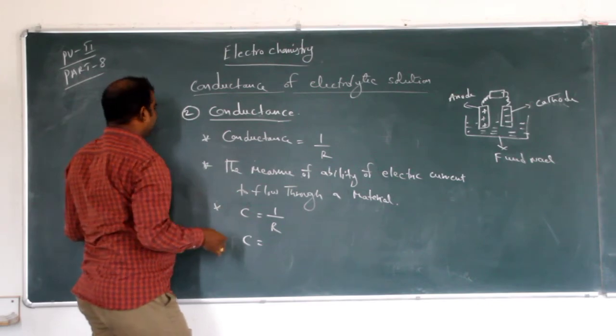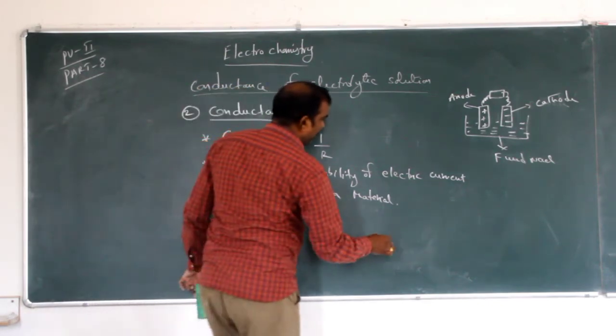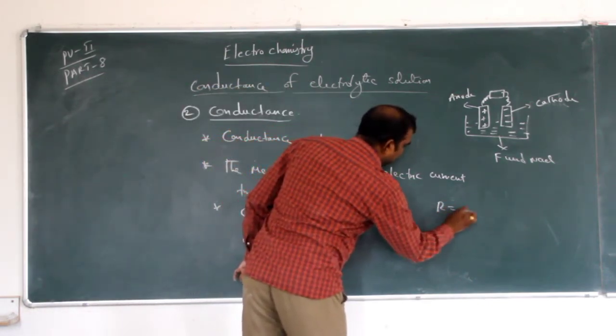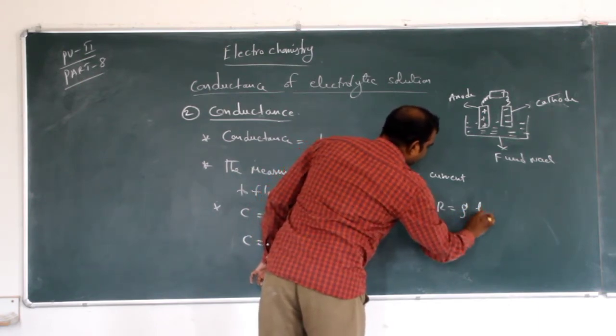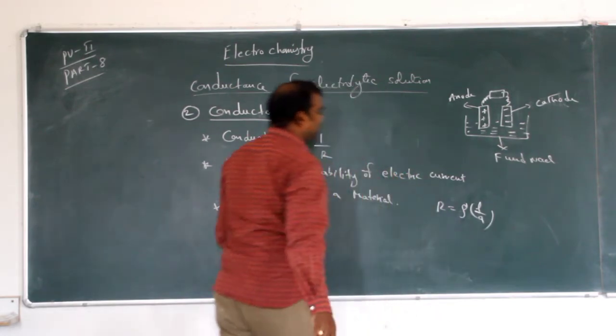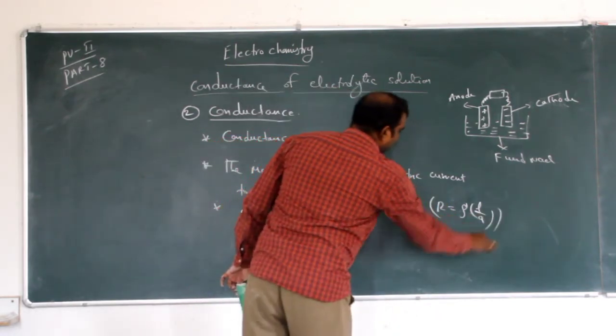Previously we studied that R is equal to rho into L by A. We know R is equal to rho into L by A.